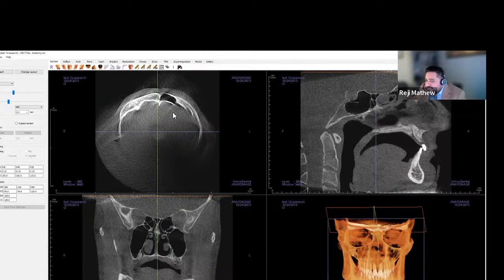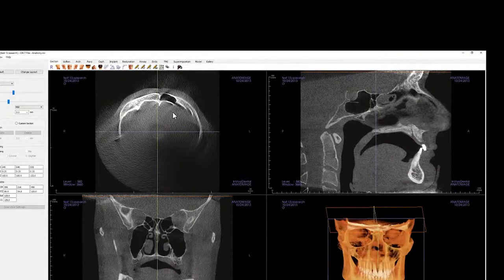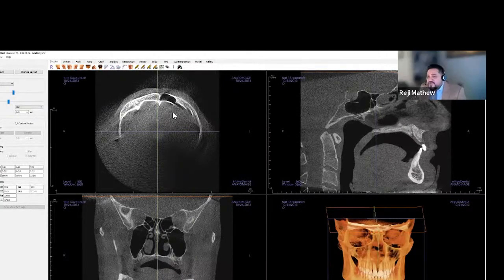So you look at an image, you find the anatomy, and if there is a change in the anatomy, you stop there and look to see if this change is a variation of normal or if it's a pathology. I never open an image to find a pathology. I open an image to look at the anatomy.